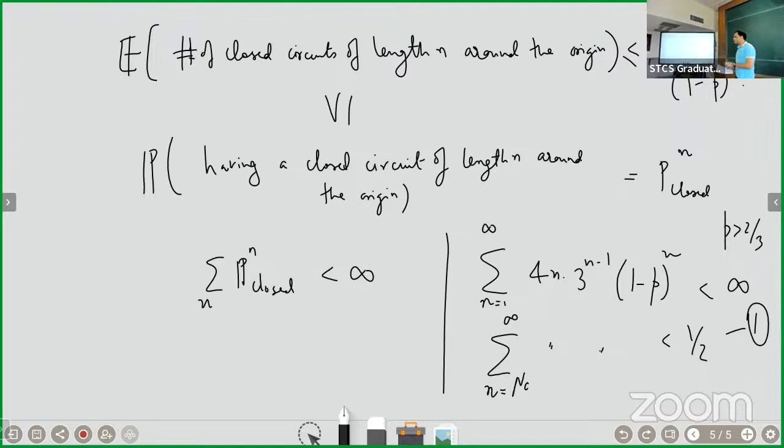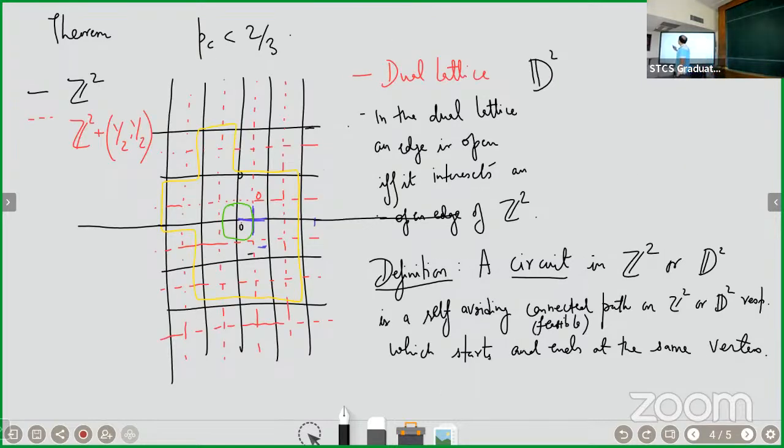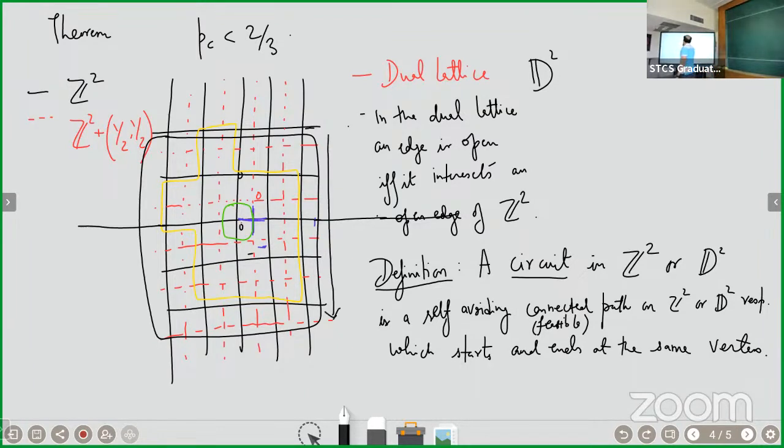So if the full NC by NC block is open, all of these are open. What does it mean? Every single edge is open here.